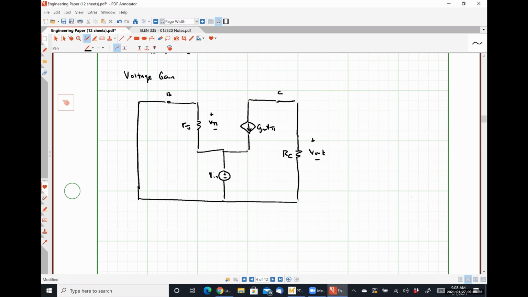So V out should be negative GM V pi times RC, right? Because the current that's flowing into the positive polarity terminal of RC is negative GM V pi. Well, we can see pretty easily that V pi is just negative Vn, right?